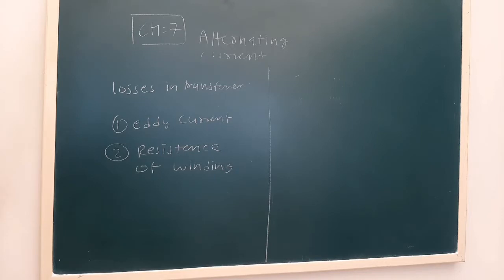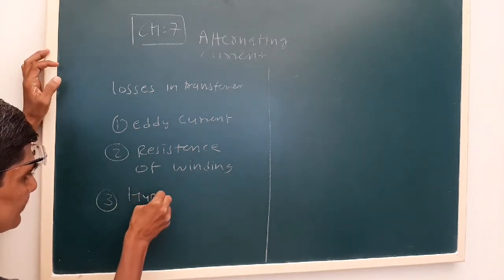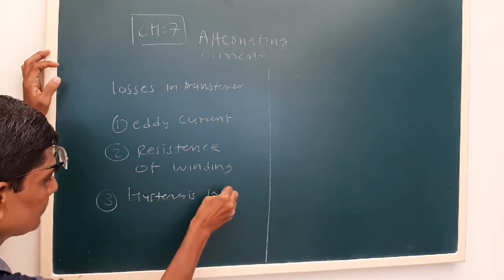So first is the loss due to eddy current. Second, loss because of the resistance of the winding. Third is the hysteresis loss.